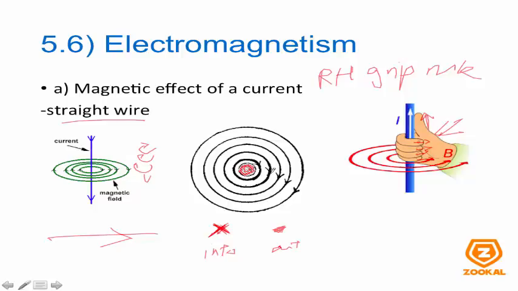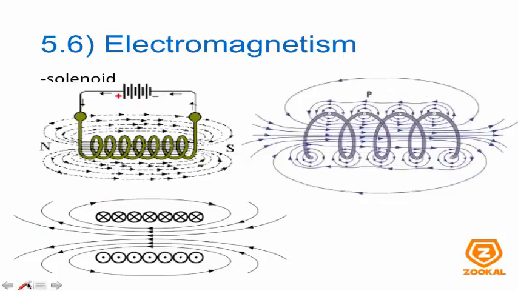Then you look at your fingers and follow the lines from your knuckles to your fingertips. And you realize that your arrows are actually supposed to go this way. So these arrows are in the wrong direction and the magnetic field lines should go in the anti-clockwise direction.